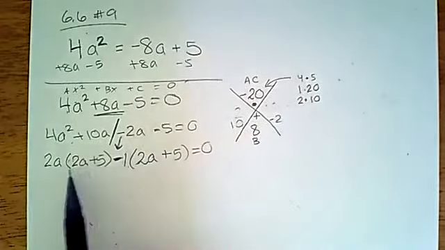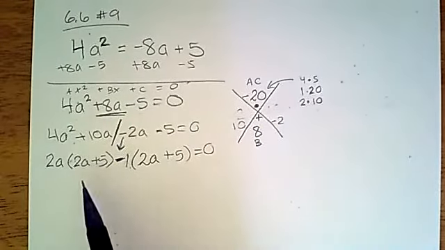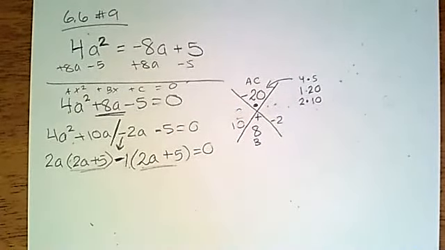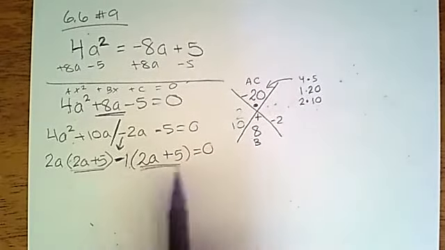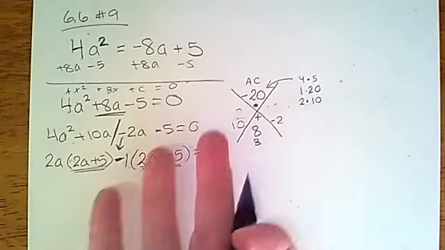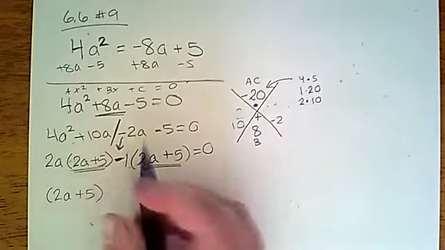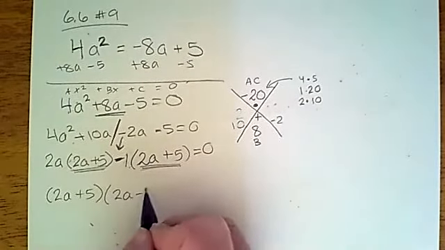The other thing to note is that if you're ever stuck about what the GCF is, these should always match in order to use the factor by grouping method. So in factor by grouping, you have this common factor, so we're going to factor it out. We're going to take 2a plus 5, factor it out, and what remains is 2a minus 1.